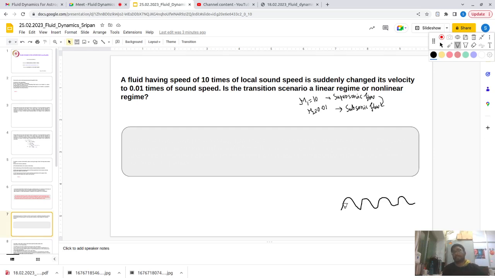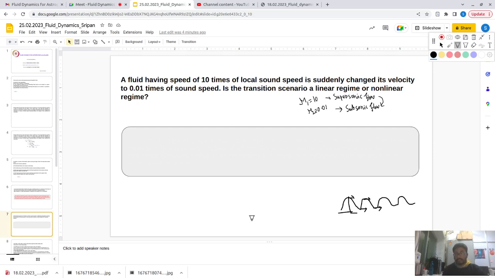Let's say this vertical line is the amplitude of the wave. To have this kind of continuous shape, at each point of this profile the velocity will be the same. Otherwise this shape will be distorted.